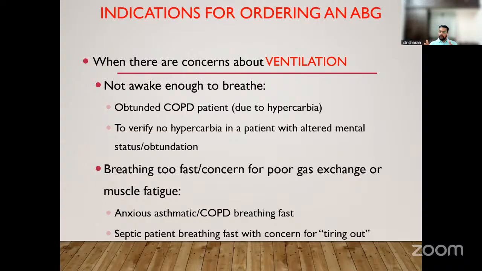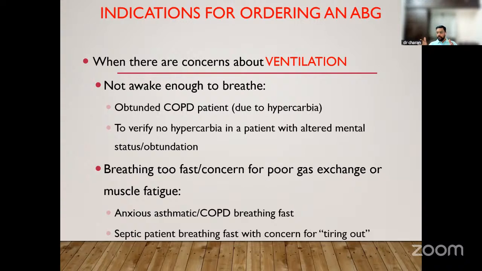Another scenario is when the patient is breathing very fast, like a patient who is asthmatic in an exacerbation, or a patient in sepsis with severe tachypnea. In those patients, we need to know when the patient is starting to tire out. These patients can't be tachypneic throughout their life.